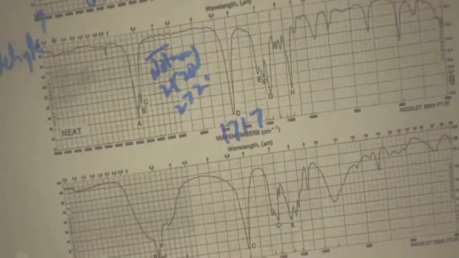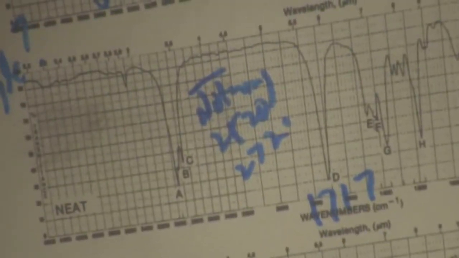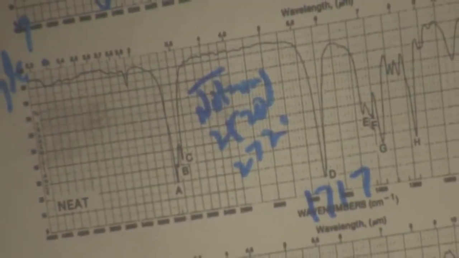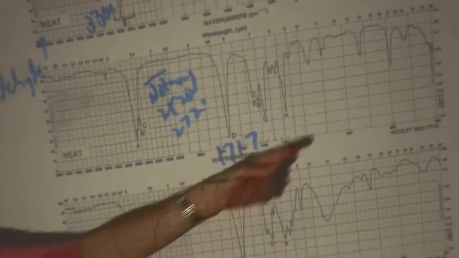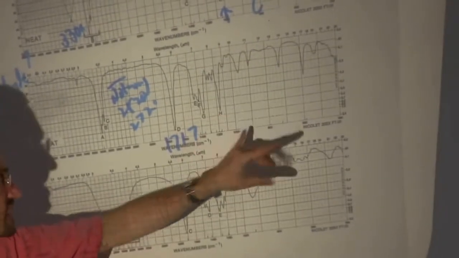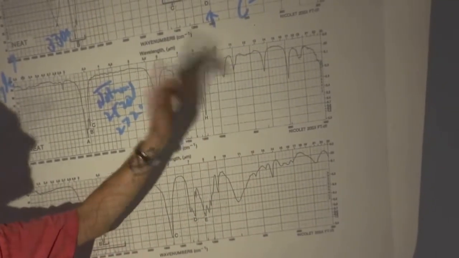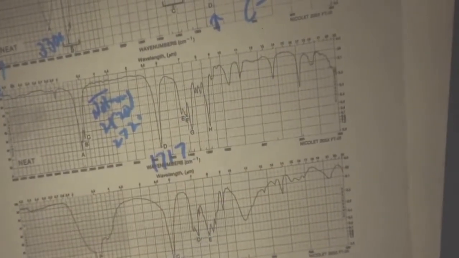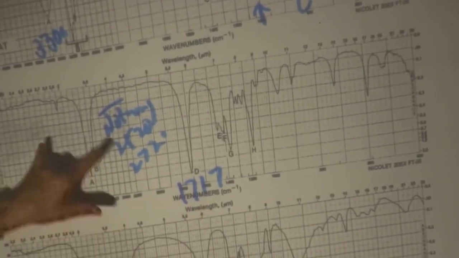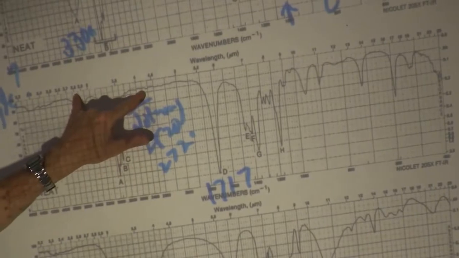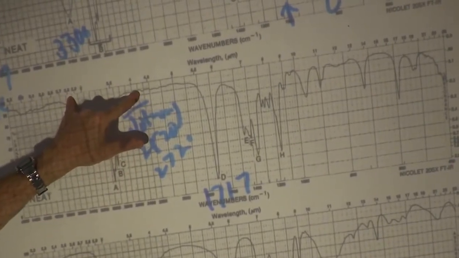So the data for common carbonyl compounds is low to be an ester. We don't see a corroboratory CO single bond peak, but it's impossible to tell anyway. But it's low to be a normal ester. It's a little low to be an aldehyde. We don't see that big ugly band associated with a carboxylic acid.